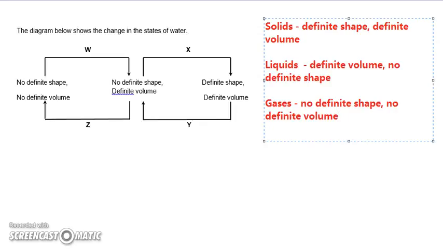A gas follows the shape of the container that it is in, so if you change the container, it will change its shape accordingly. But gases have no definite volume, which means gases can be compressed.